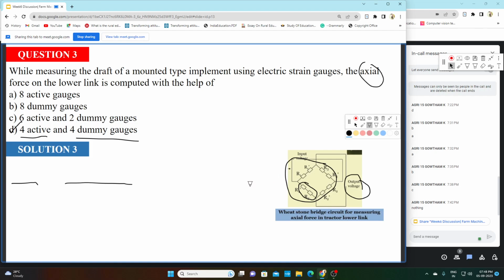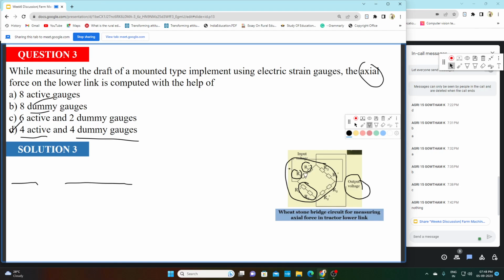Now you will say we require only 4 strain gauges, but in this question they are asking about active gauges, dummy gauges, etc. What is this? For each strain gauge, we consider R1 as the active strain gauge and R1 dash as the dummy gauge.